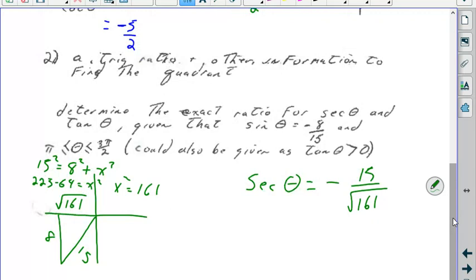The tangent is positive because it's quadrant 3, and that's going to be opposite over adjacent. And again, you can rationalize, and probably would be expected to rationalize the denominator on a multiple choice question.